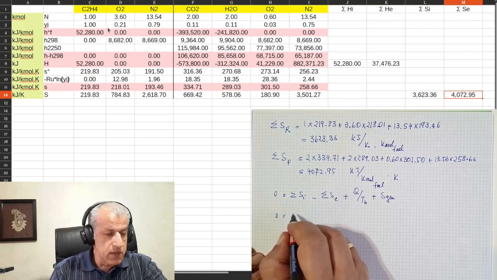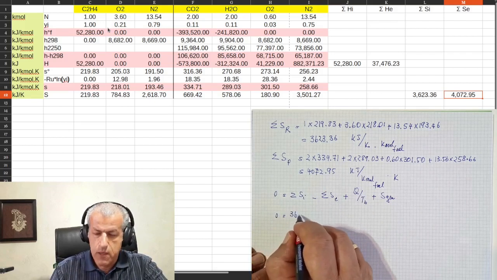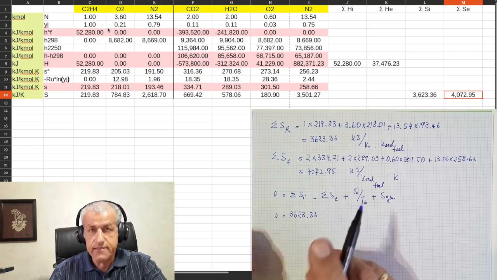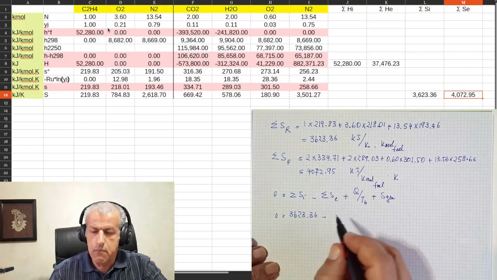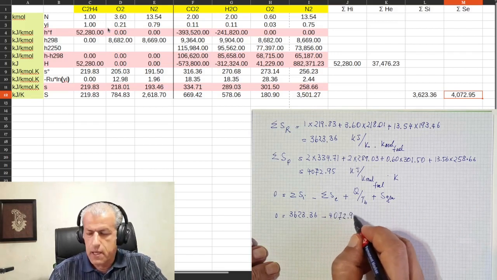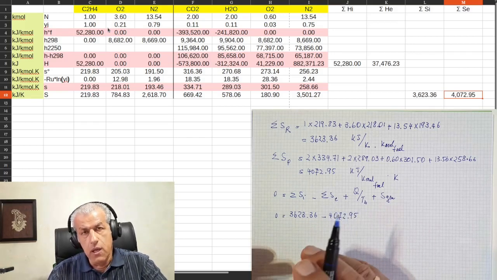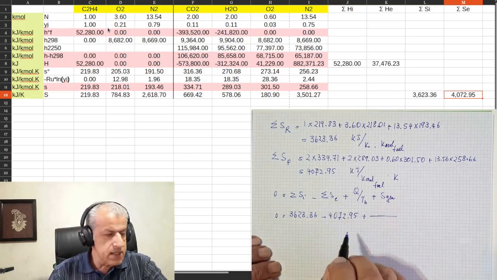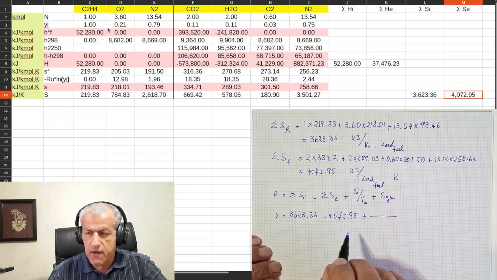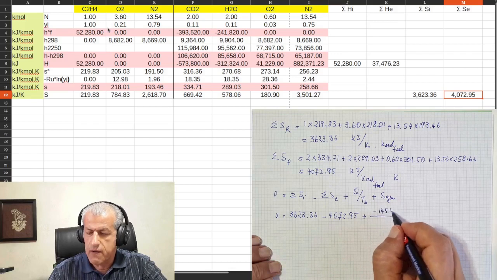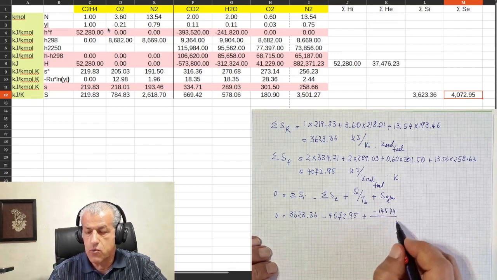This would be 0 equals 3623.36, which is the entropy of the reactants that enter the control volume, minus 4072.95, which is the total entropy of those that leave our control volume, plus now, this is interesting because we have a heat transfer, we have calculated our heat transfer before, and we know that our heat transfer is minus 14,544 kilojoules per kilomole of fuel.